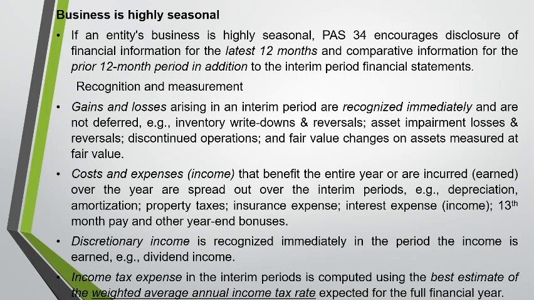Costs and expenses that benefit the entire year or are earned over the year are spread out over the interim periods: depreciation, amortization, property taxes, insurance expense, interest expense, 13th month pay, and other year-end bonuses.